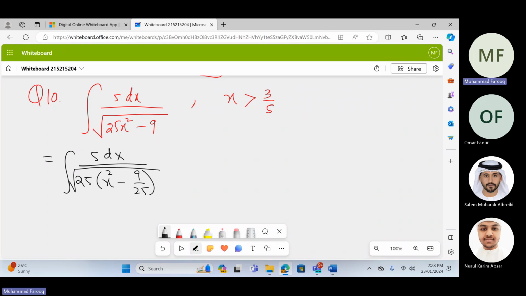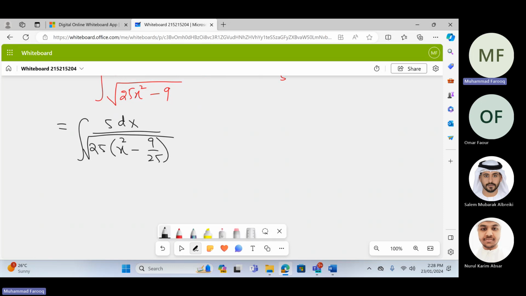Now, what is the square root of 25? 5. This 5 and that 5 are cancelled. So you get dx divided by the square root of x squared minus 9 over 25.